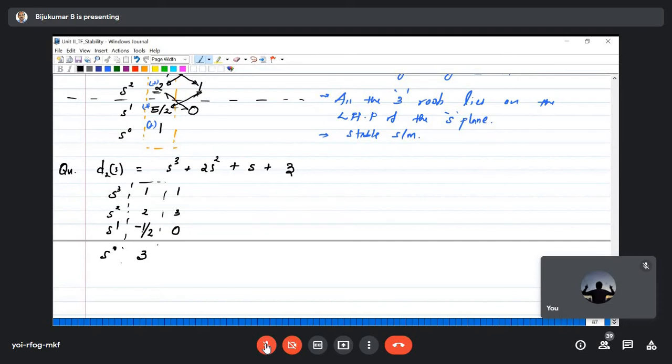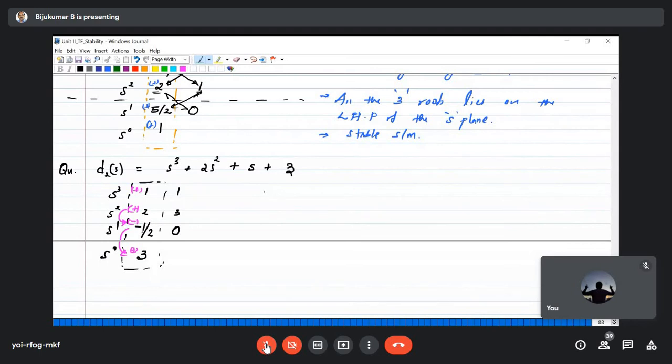So you can observe that there are some sign changes, right? How many sign changes are there? 1 or 2? See here this is plus, this is plus, this is minus, right? So one change is from plus to minus. Again, you see this value, this is plus, right? So that means again that minus is changed to plus. So how many sign changes? 2 sign changes, right?